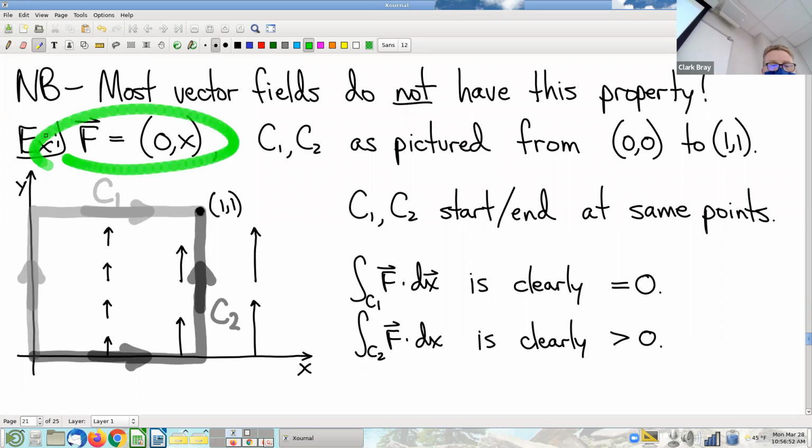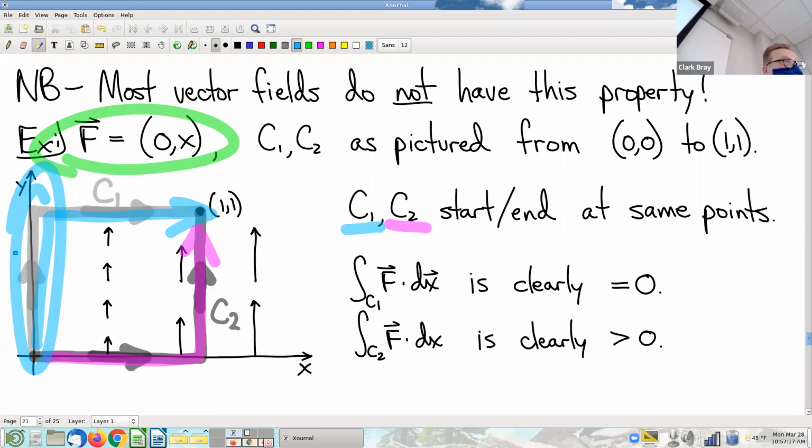For example, this vector field here does not have the property of path independence, not even close. Because here's a couple of different paths. Let me start with the path C1 going like that. But on the other hand, now I get to the same endpoint by this C2 going like that. If I look at these two different line integrals, I get different answers. Along the first curve, along the blue curve, the vector field is 0 on the first edge.